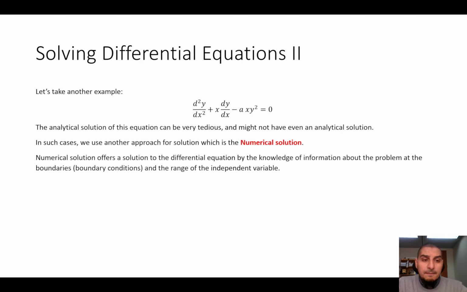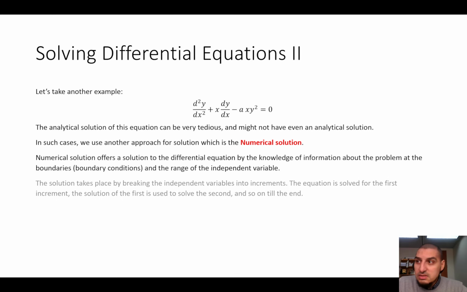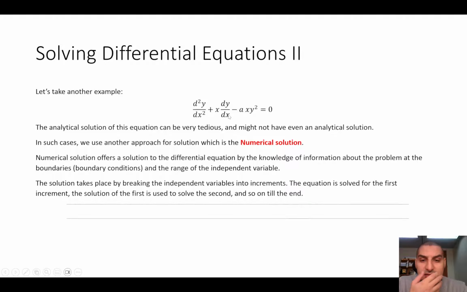Okay, and the way we solve these equations numerically is simply, let's say this x is the distance. So we want to integrate this equation in the range of x, let's say from 0 to 100 for instance. So this is the distance, and y is any other dependent parameter. Let's say y is velocity, pressure, anything else. So it's the parameter that is dependent on the distance.